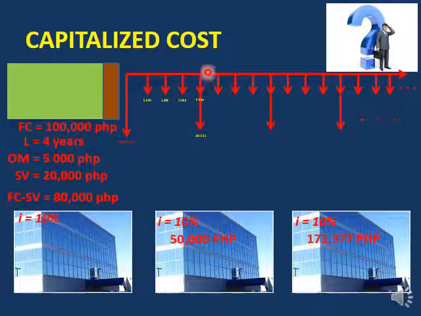Assuming that we now have a new photocopier, the operation now proceeds. At the end of that year, the amount 50,000 pesos earns 10%. The amount 170,377 earns 10%. By this time, Pedro needs 5,000 pesos for operating maintenance.